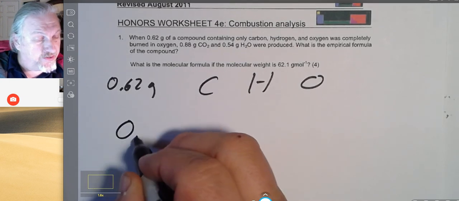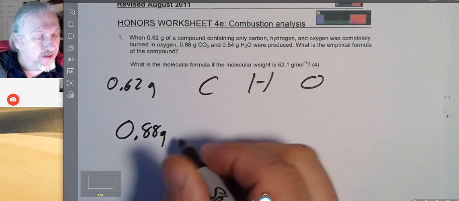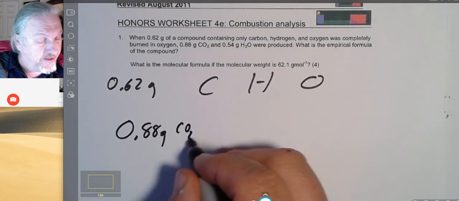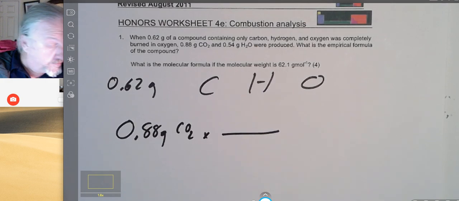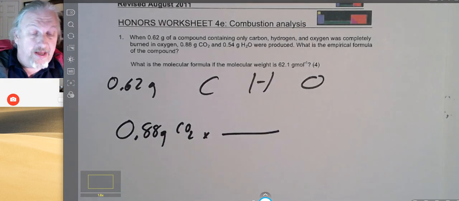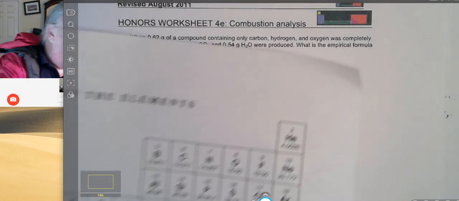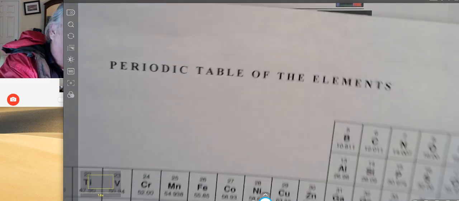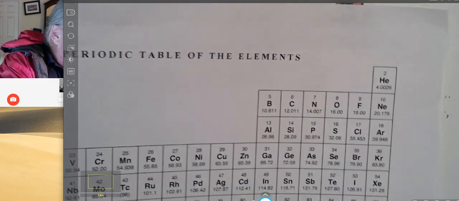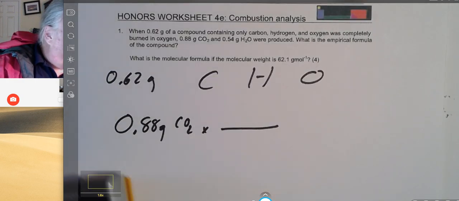I know I got 0.88 grams of carbon dioxide. And first we're going to convert that into moles. And how I'm going to do that is I'm going to find the gram molecular weight, molar mass, whatever you want to call it. So we're going to use our periodic table. Carbon, there's one carbon and two oxygens.